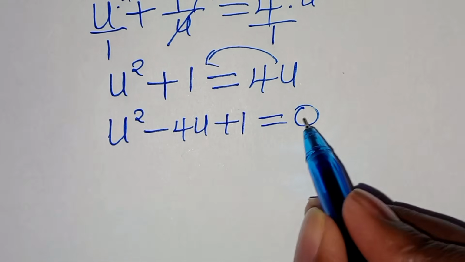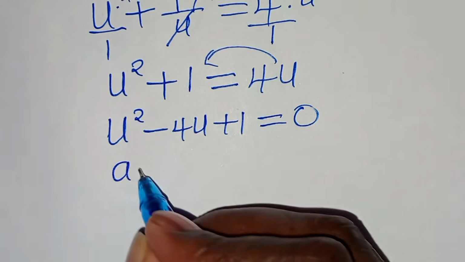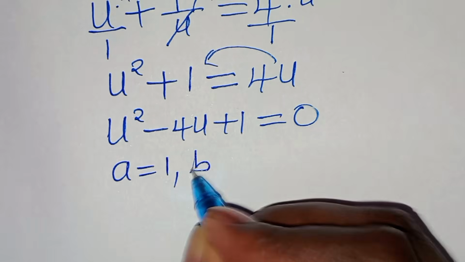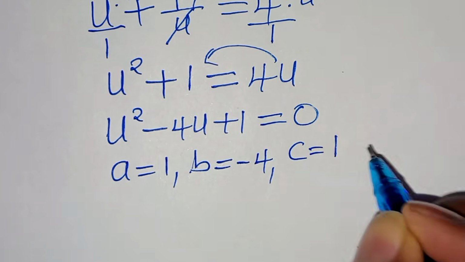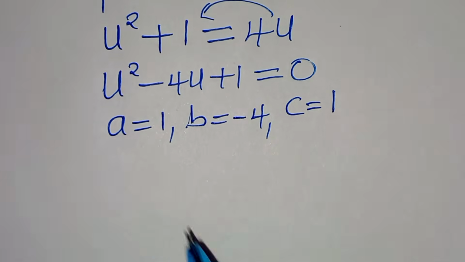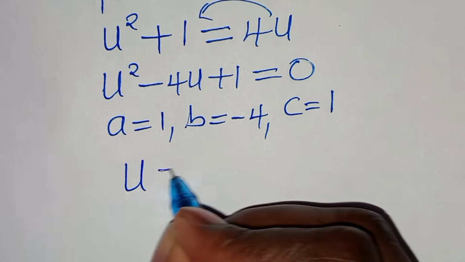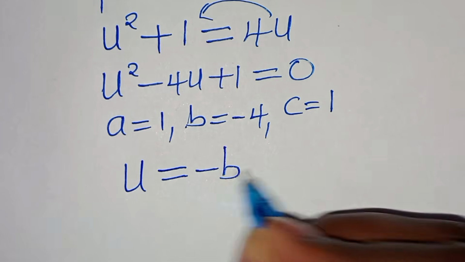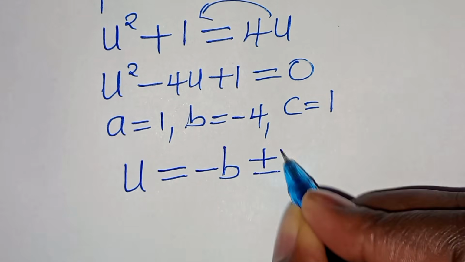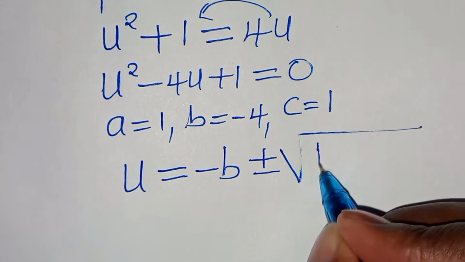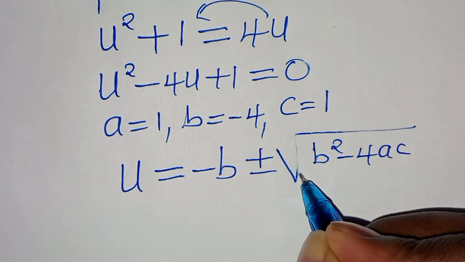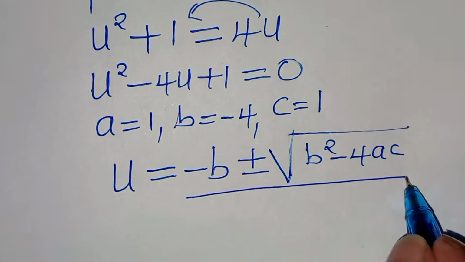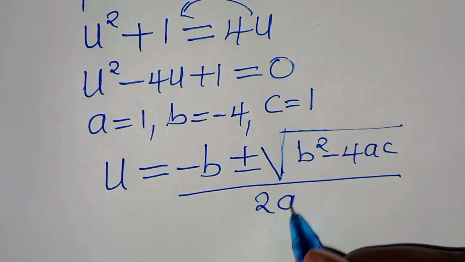This is a quadratic equation where we have a is equal to 1, b is equal to minus 4, and c is equal to 1. So we can solve for u by applying the quadratic formula, which is minus b plus or minus the square root of b squared minus 4ac, everything divided by 2 times a.